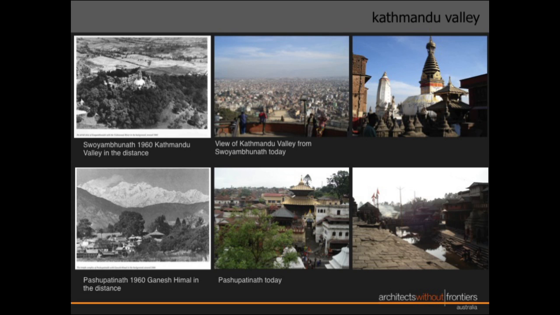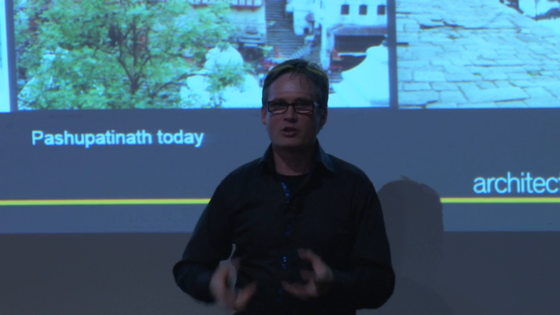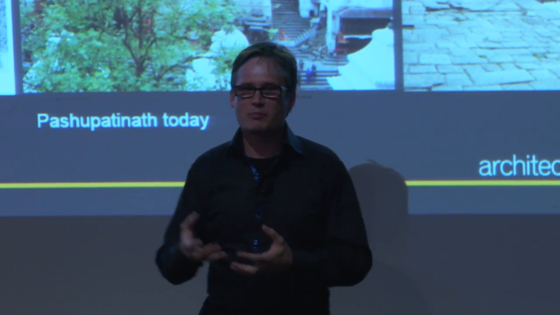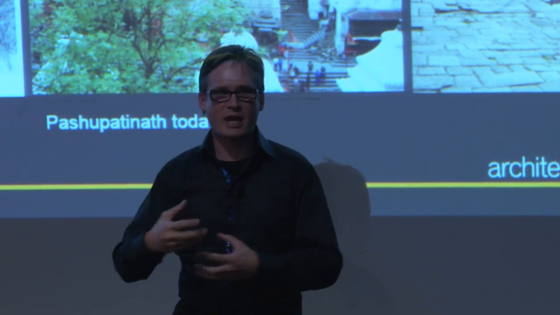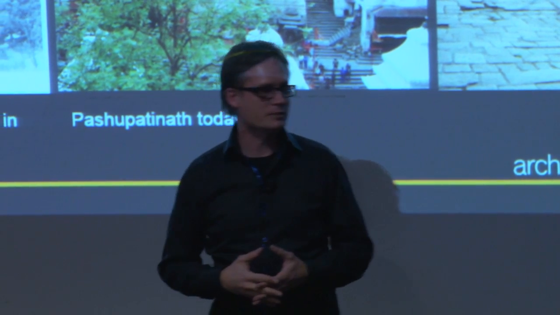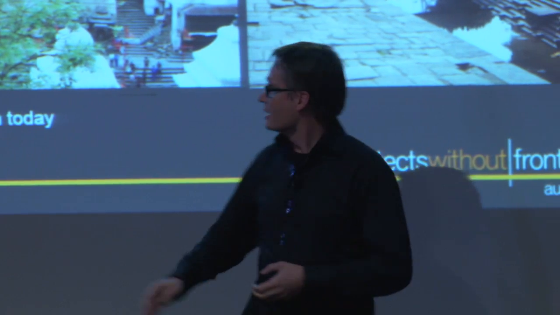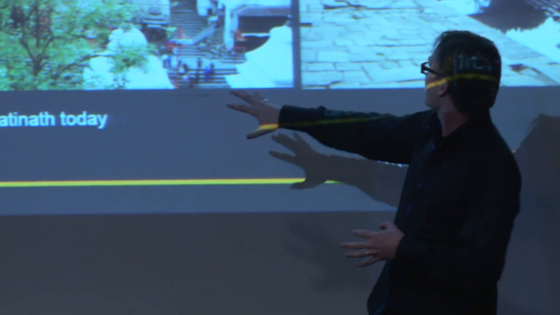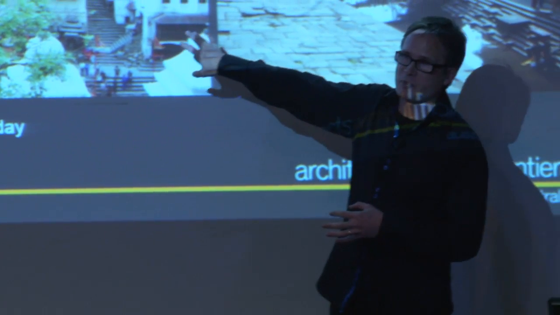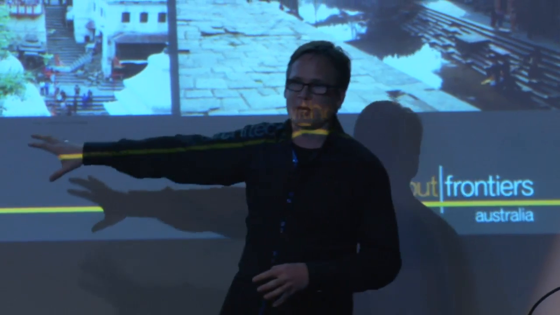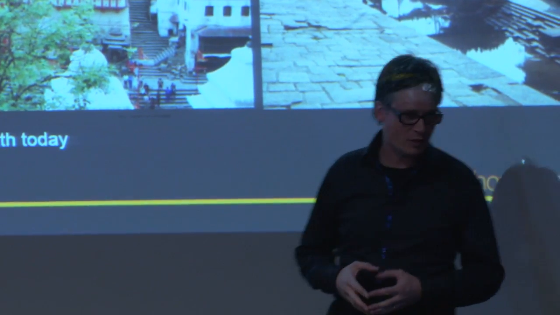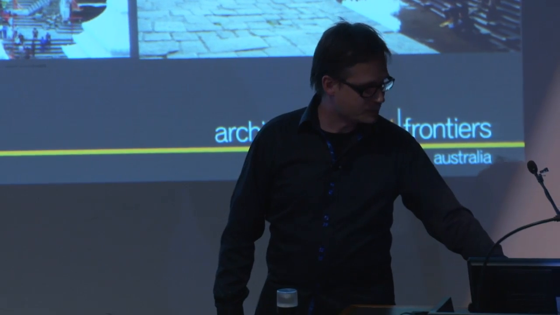So we can see over 60 years there's been this explosion of a chaotic beauty, a myriad of unplanned development. And down here we have Pashupatinath in 1960 and Pashupatinath today. Here we can see Pashupatinath Hospice, the hospice associated with the main Hindu temple, and we've done some work there, which I'll show you some images of shortly.